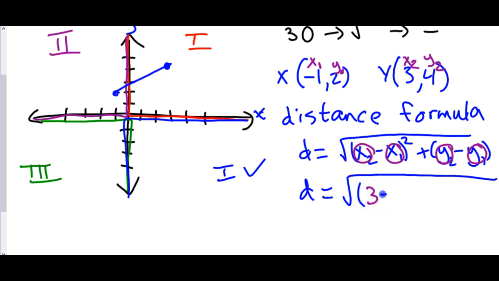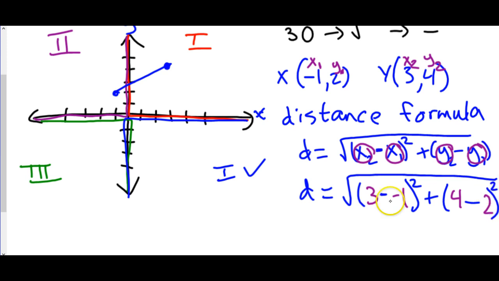Then minus from the formula, that negative sign in the middle comes down. x1 is negative 1. So we end up with a minus right next to a minus sign. Squared plus y2 is 4 minus y1, this time just positive 2. So this time we do not end up with a minus minus.